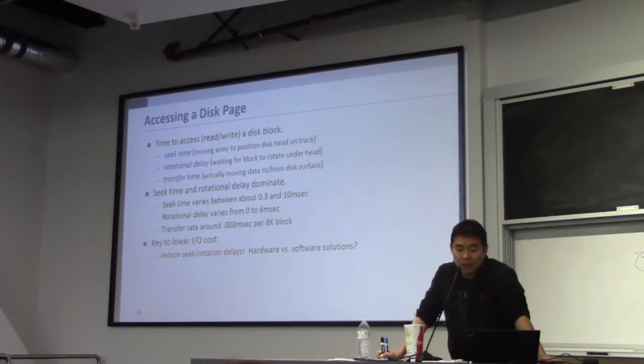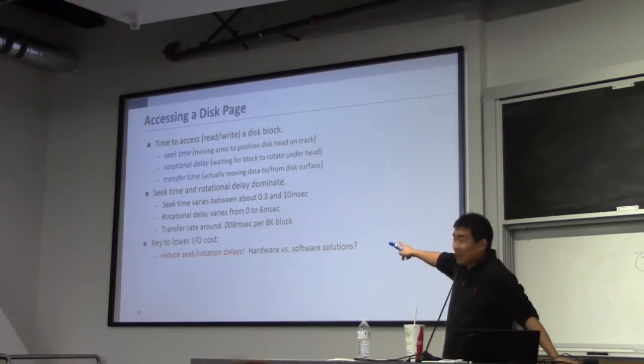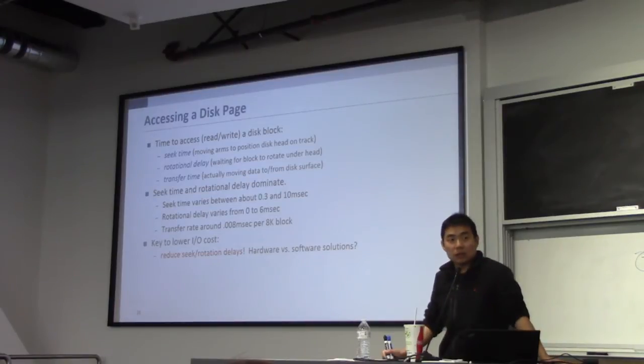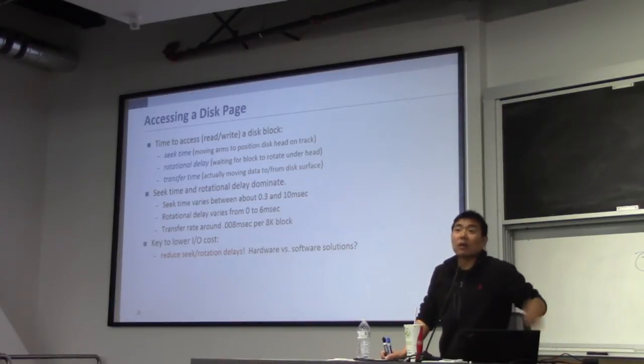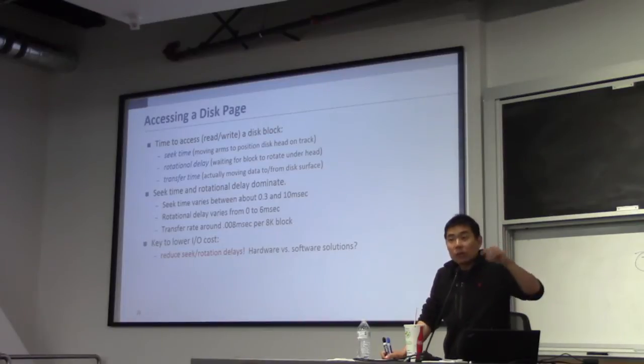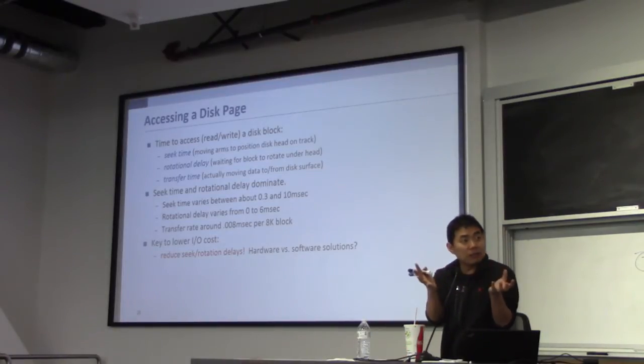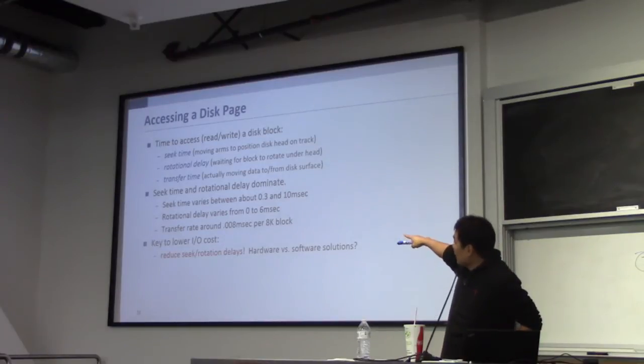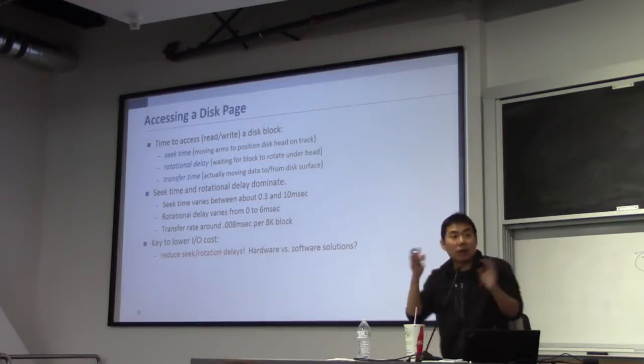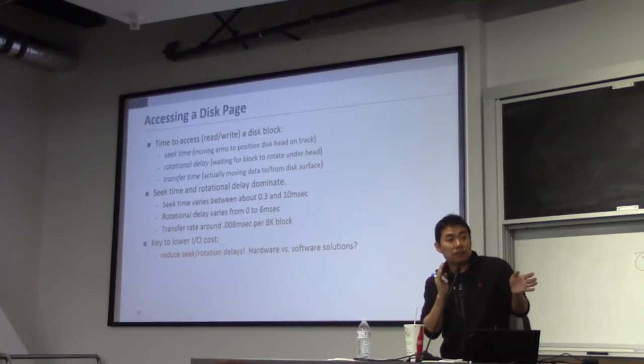Transfer rate is about 0.008 milliseconds per 8K block. So transfer rate is really fast, which means when you are trying to calculate how costly it is to read data from disk, it's typically dominated by seek time and rotation delay. That makes sense? Because the transfer time is orders of magnitude faster than the other two.